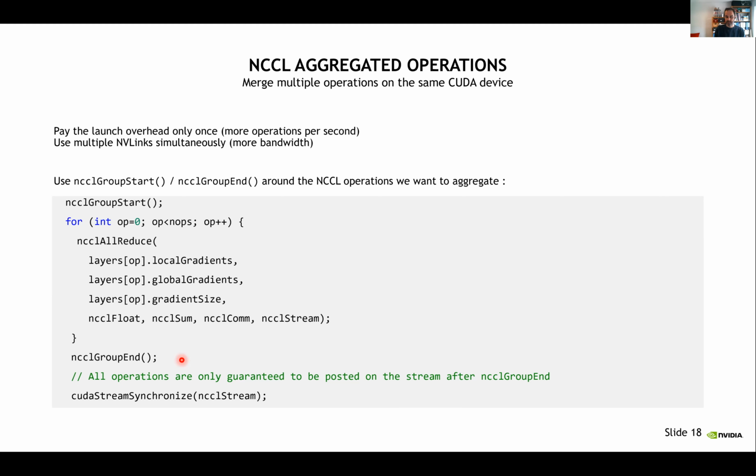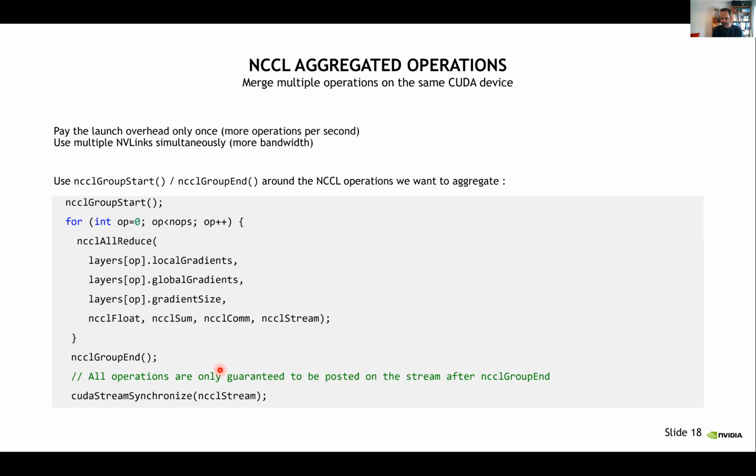First of all, it reduces the CUDA kernel launches, so it reduces the overhead of scheduling all the communication routines. And it also allows, especially with send-receive semantics, to use multiple NVLinks simultaneously, because NCCL knows all the communication that needs to be done concurrently and does not serialize them.